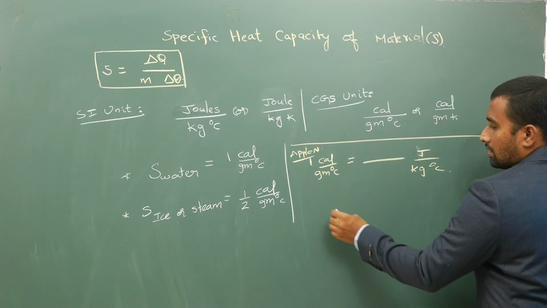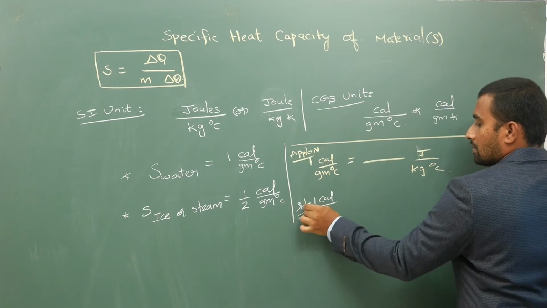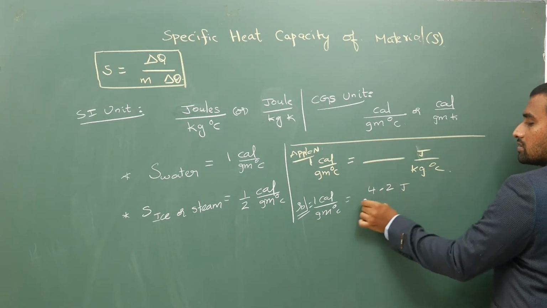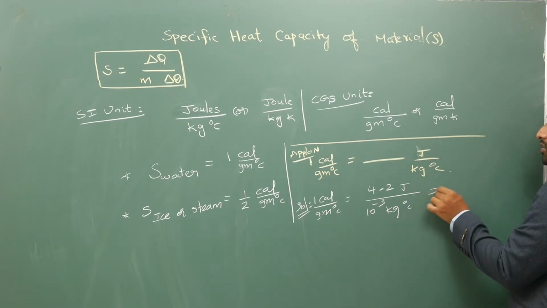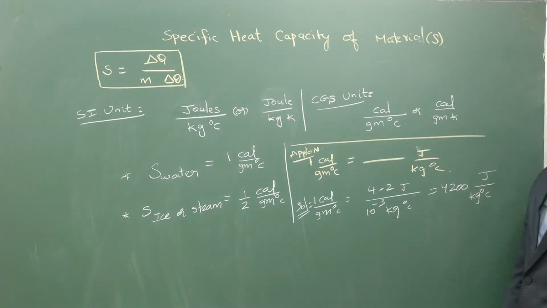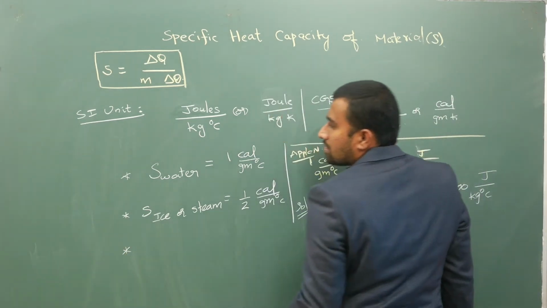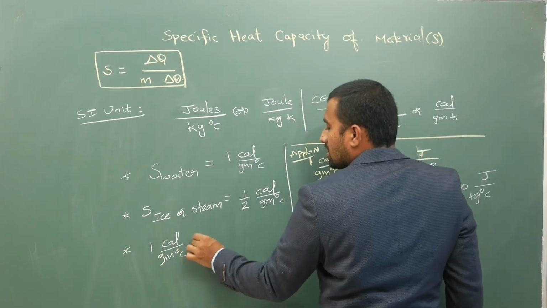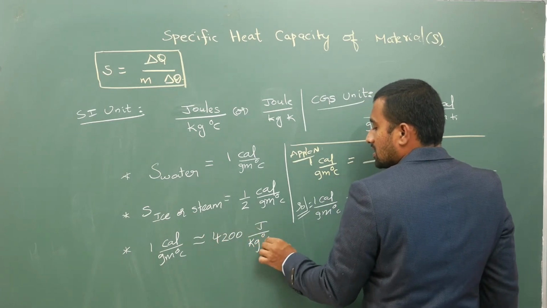Now how will you solve it? 1 calorie per gram degree centigrade is equal to 1 calorie, which is 4.2 joules, by 1 gram, which is 10 power minus 3 kg, degrees centigrade. So you will get 4200 joule per kg degrees centigrade. So another result that you are supposed to remember is 1 calorie per gram degree centigrade is equal to 4200 joule per kg degrees centigrade.